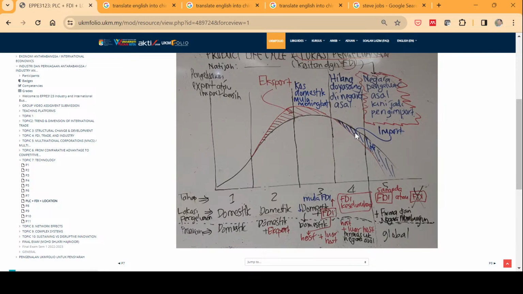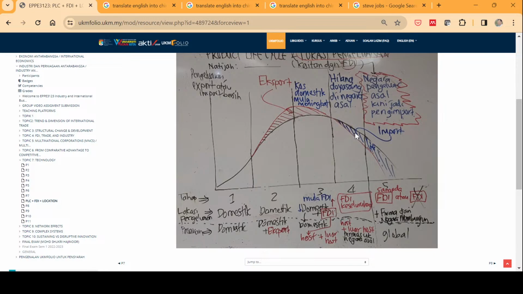So you see here, this product life cycle theory actually explains a country that introduced a product to the world in the past. Today that country is importing that product that they used to introduce to the world.